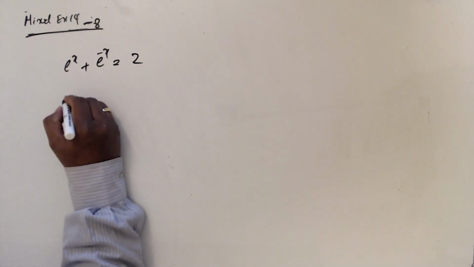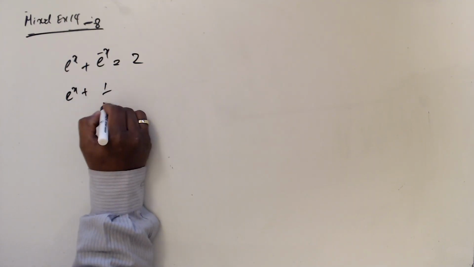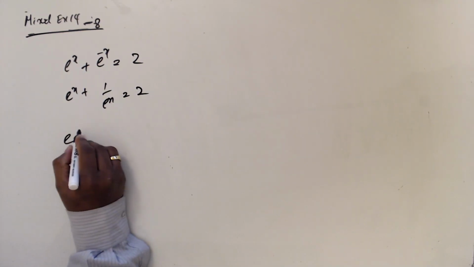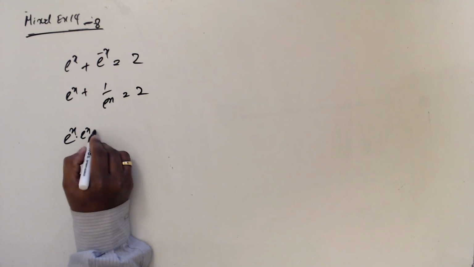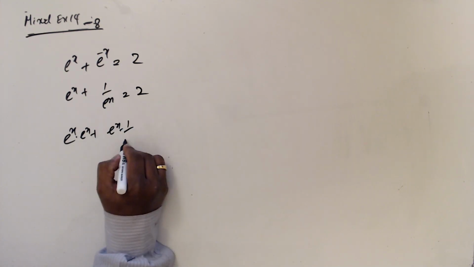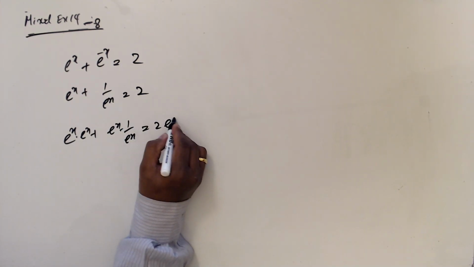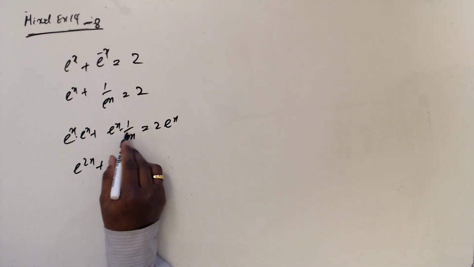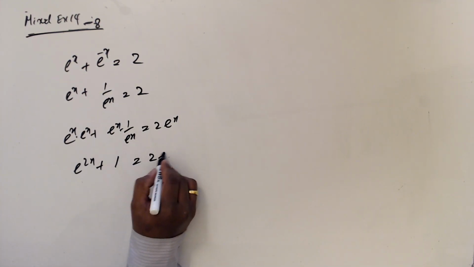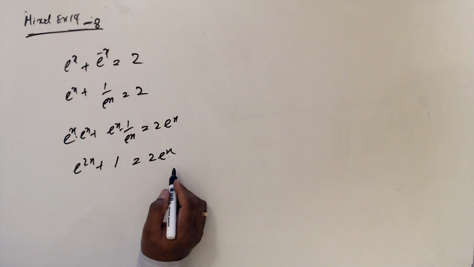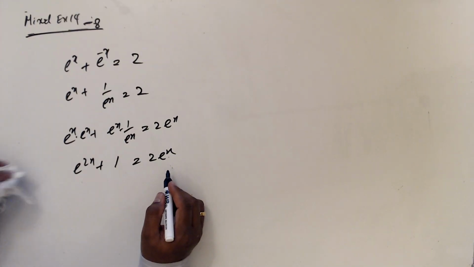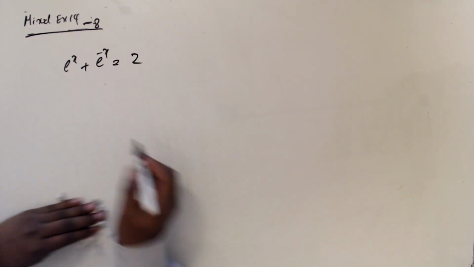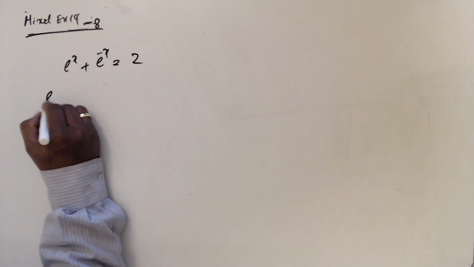So this is e^x plus 1 over e^x equal to 2, then multiply by e^x, so e^x times e^x plus 1 over e^x equal 2 times e^x. So e^2x plus 1, this is going to cancel out, equal 2e^x. The same thing you can do when you see minus x: multiply by e^x.